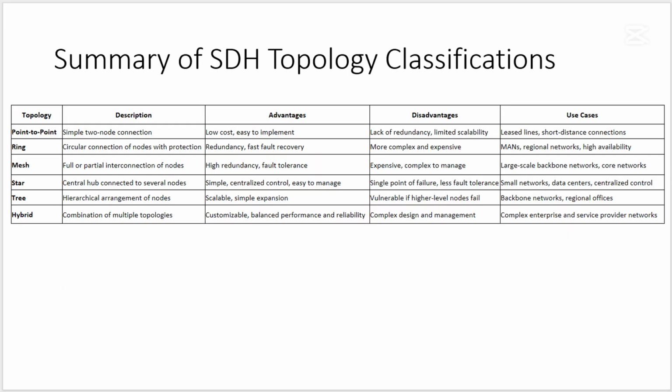So now we summarize the SDH topology classification. Point-to-point is a simple two-node connection. Advantages: low cost, easy to implement. Disadvantages: lack of redundancy, limited scalability.